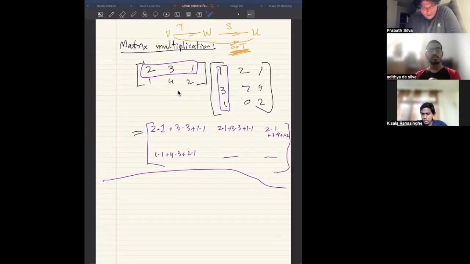Now let's go back in here. Now let's define the matrix multiplication. So this is the idea, and then the definition.